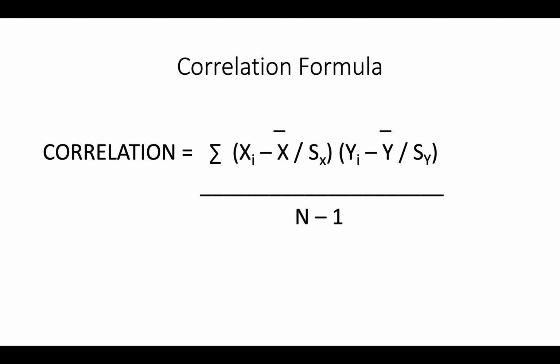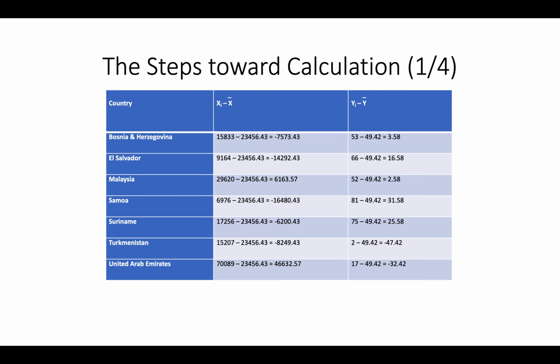Again, I have the correlation formula right here, and we will walk through this with the same data set that we used before. The steps are very similar. We again are subtracting the mean value from each data point for our variable x, GDP per capita, and our variable y, democracy.